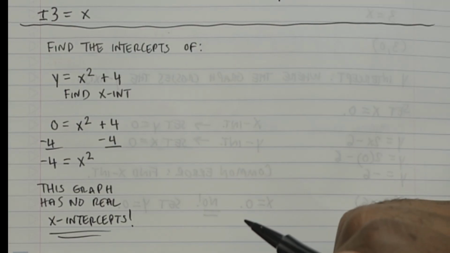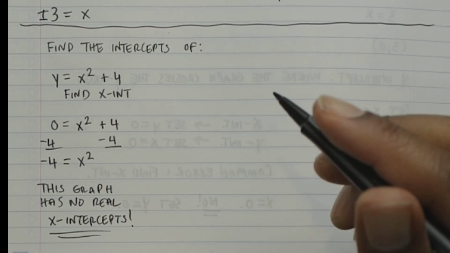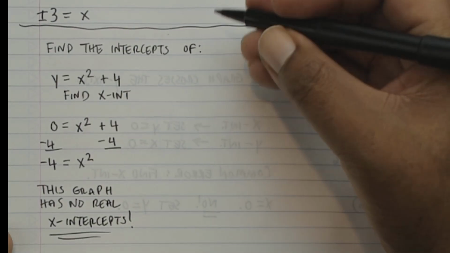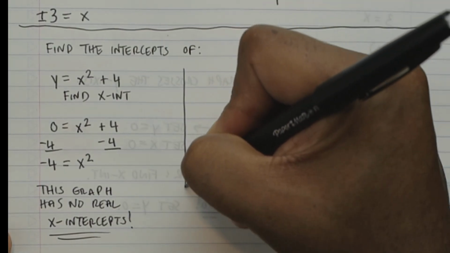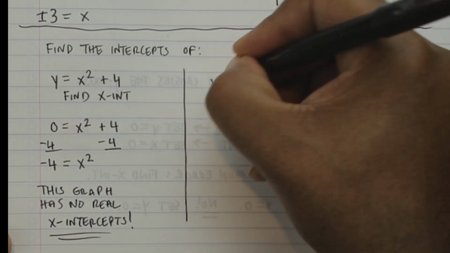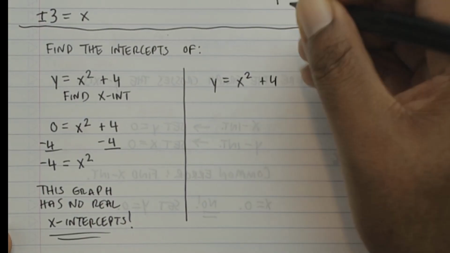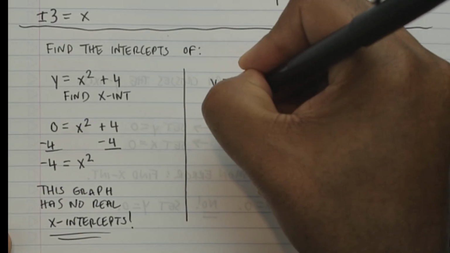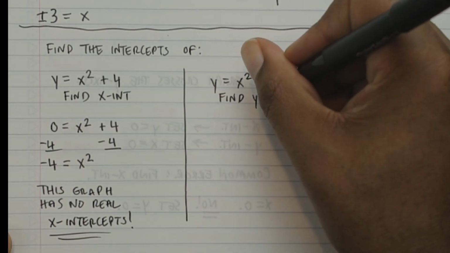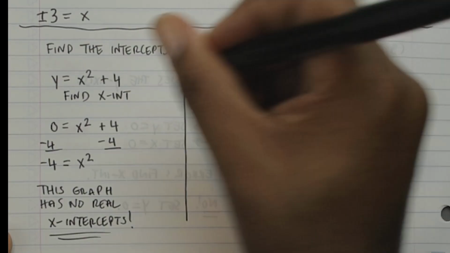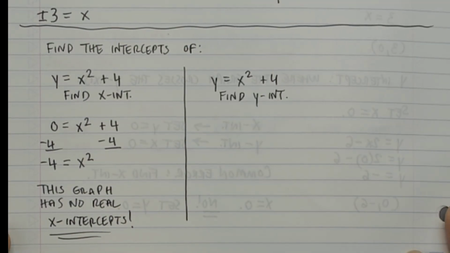Let's find out if this graph has any y-intercepts. So the equation is y equals x squared plus 4. And we're going to find y-intercepts, if any.